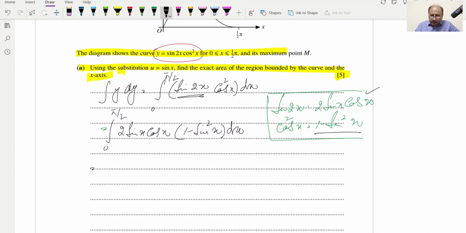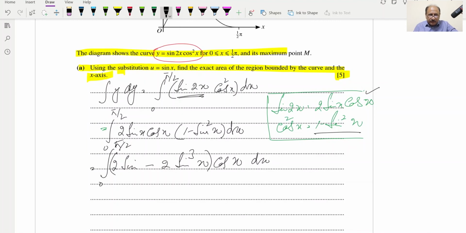Further we can write this as 2 sine x minus 2 sine cube x, and cos x we can take outside, so this will be cos x, and the integral will be from 0 to pi by 2, dx.